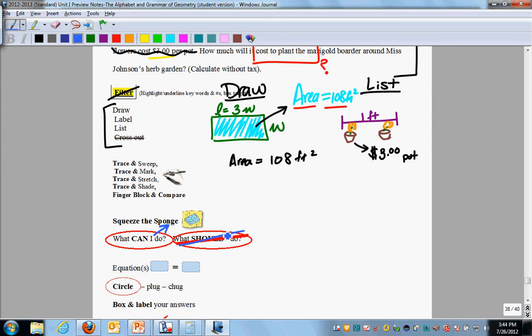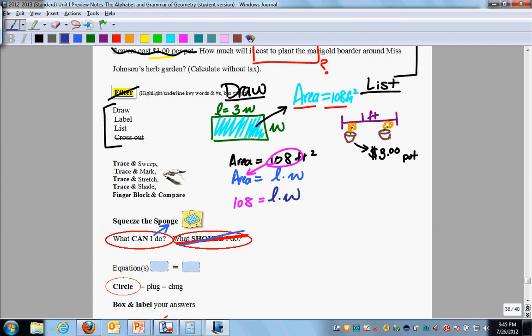If you can do it, do it. Area equals, in a rectangle, length times width. So you should see right now that you can substitute, which I'd like you to do. Circle this 108 and put it in area, and we have 108 equals length times width. Problem is we still have two variables here.